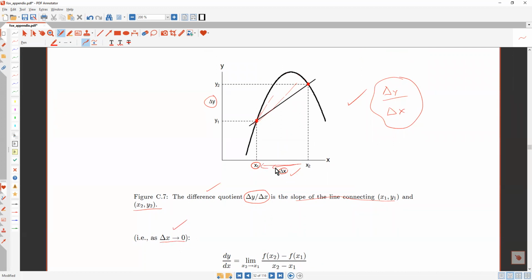That's why we need the groundbreaking idea of what differential calculus is about. Okay, I just want to reiterate that point. We don't need calculus to calculate the slope of this line. That's high school, right? What we need calculus for is to describe the slope of the line as this change goes to 0. That's what it's about.